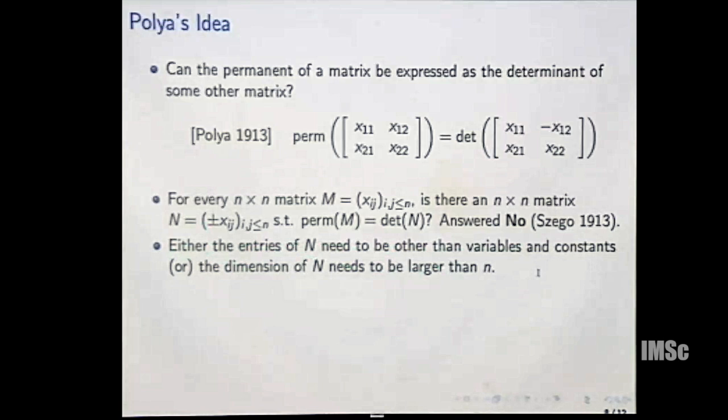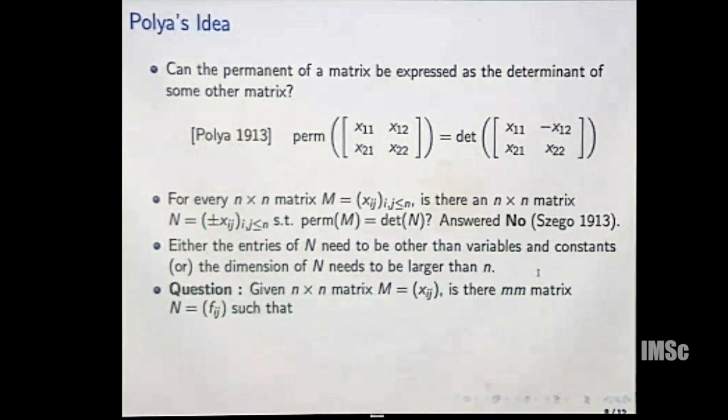So now the question is, given a matrix M whose entries are xij, this is n cross n. Is there another m cross m matrix? So the original matrix is n cross n. Now I'm going to construct a slightly larger matrix, m cross m. The entries there were xij.